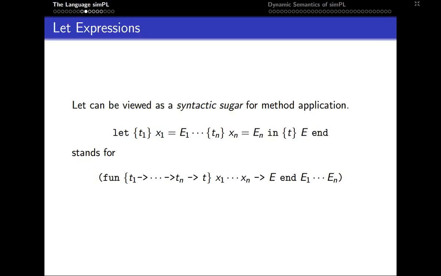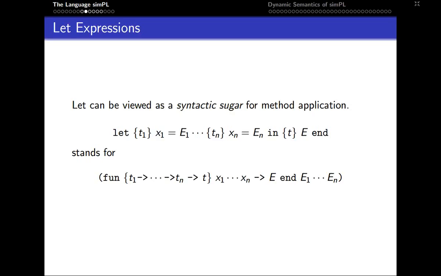So we would have the let construct take the form: x1, a completely new symbol, is assigned expression e1, and so on and so forth. Some symbol xn is assigned expression en. The types t1 up to tn are the types of e1 up to en.